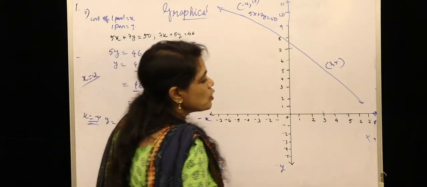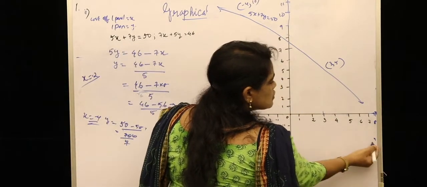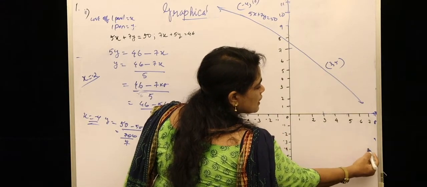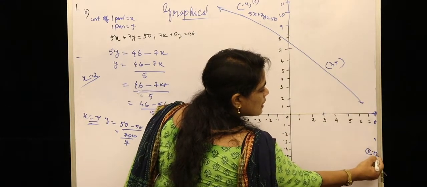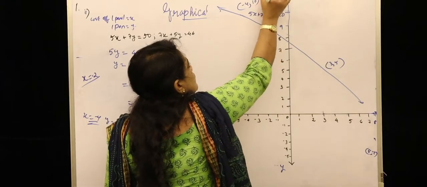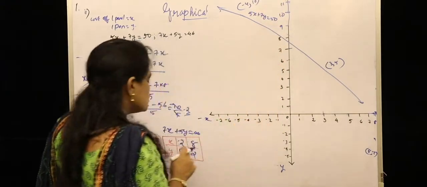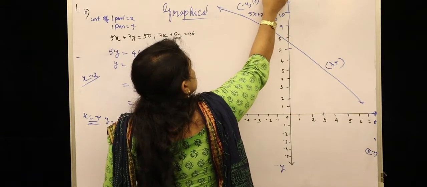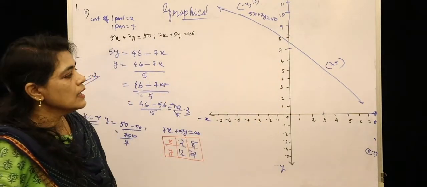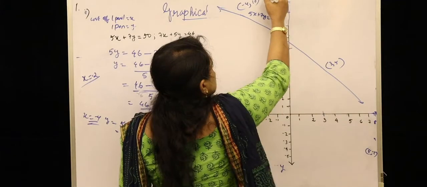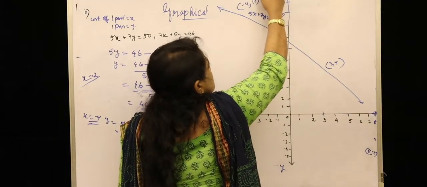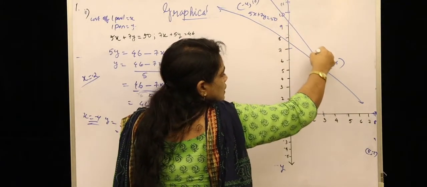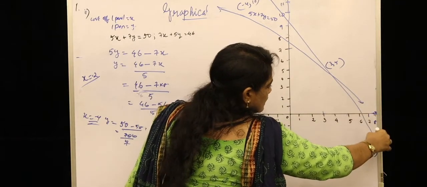We are going to join these 2 points. This point represents 8 comma minus 2 and this point represents minus 2 for x and 12 for y. And we are going to join these 2 points using a scale.